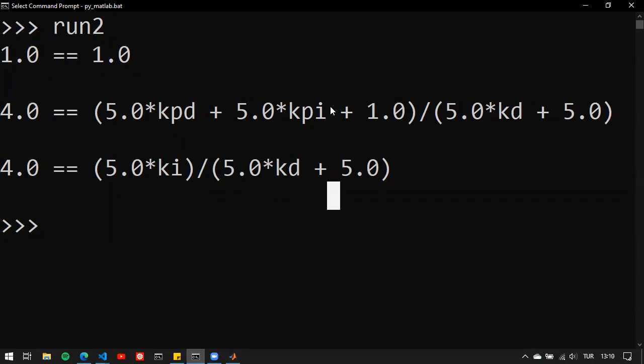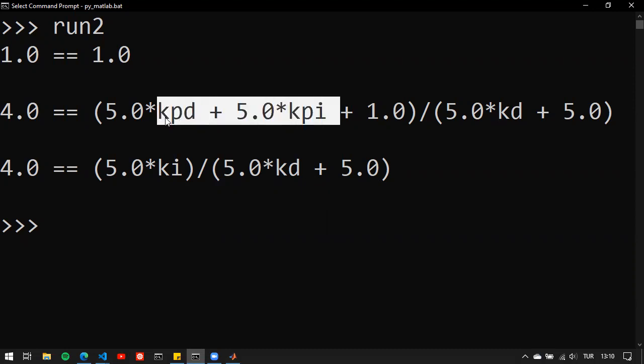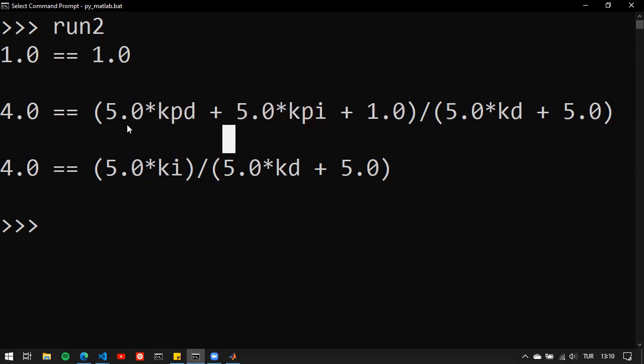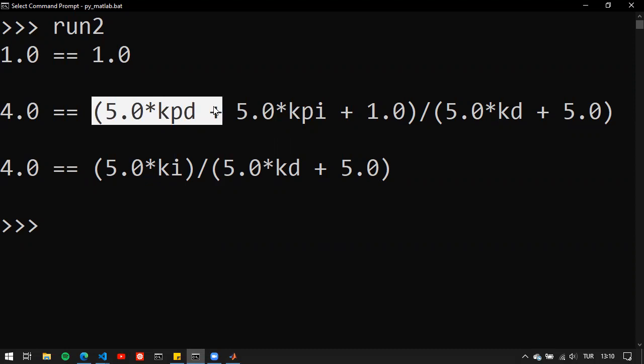But you can also see that the restriction here is not really that KPI and KPD are that free because this is basically KP here. So 5 KPD plus 5 KPI is basically 5 times KP. So the sum of these are basically the proportional part again.